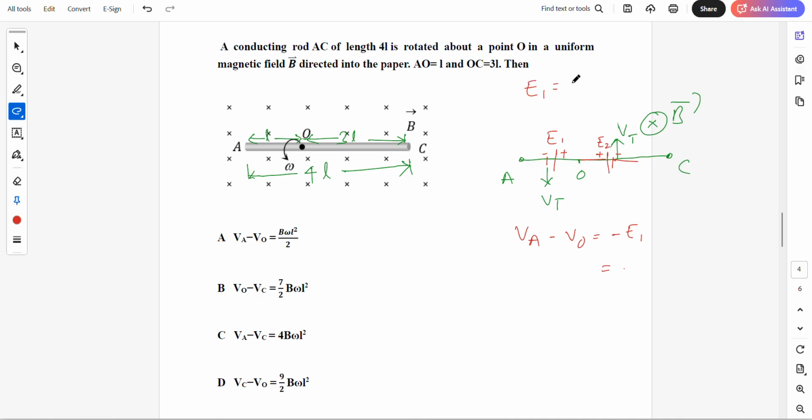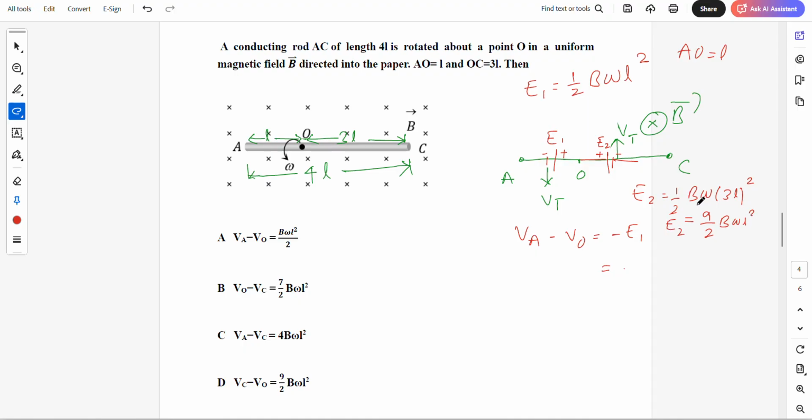E1 is equal to half B omega L square, because AO is equal to L. How much is E2? E2 is equal to half into B into omega into L effective square. How much is L effective? 3L, the whole square. Therefore it is 3 into 3, 9, so 9 by 2 B omega L square. That is E2.